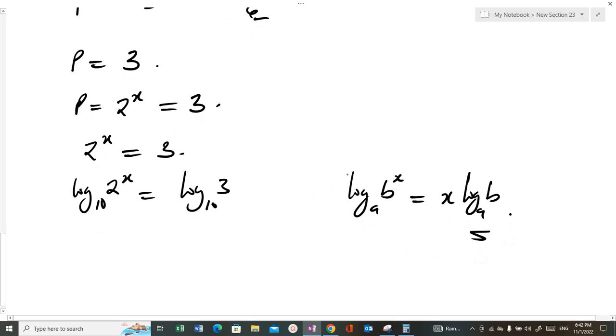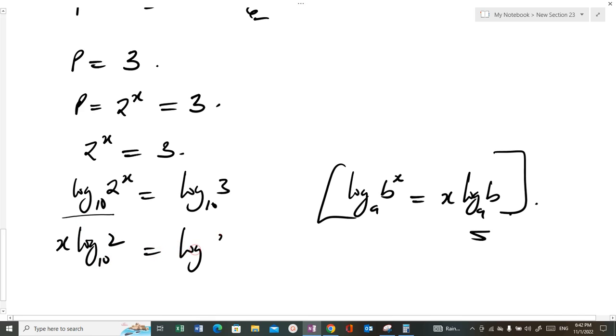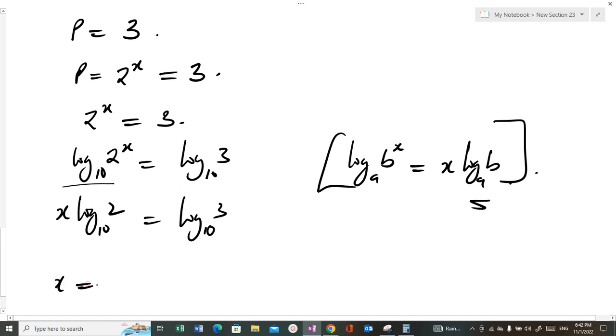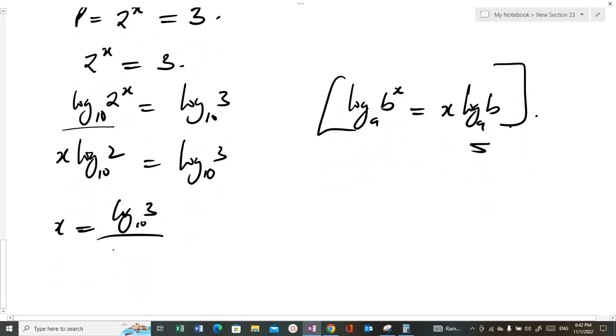So we're going to use this law to simplify this further. So we have x log 2 base 10 is equal to log 3 base 10. Meaning that our x is equal to log 3 base 10 divided by log 2 base 10. So this is the final answer.